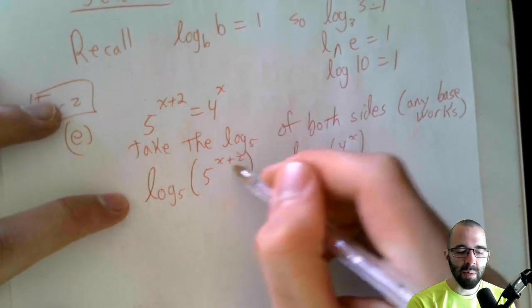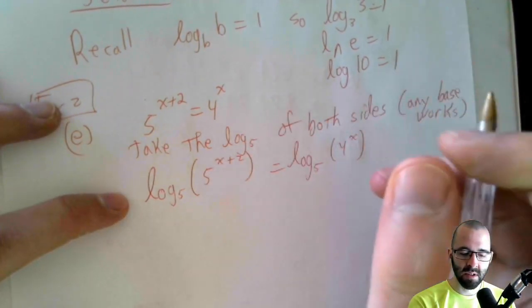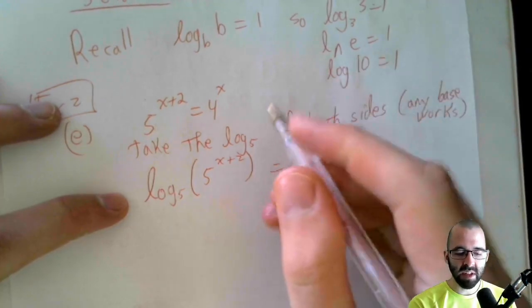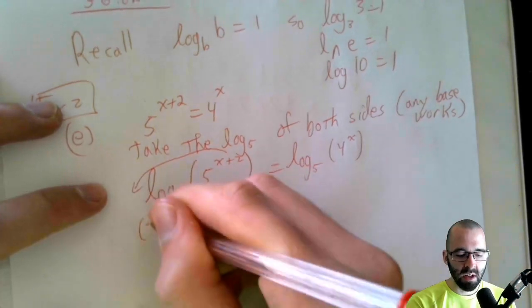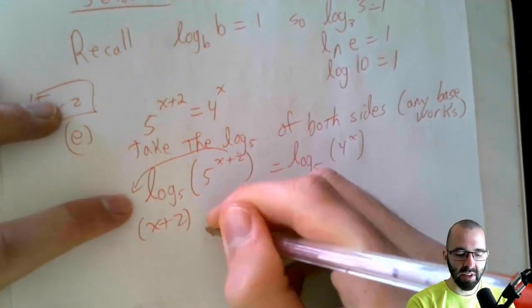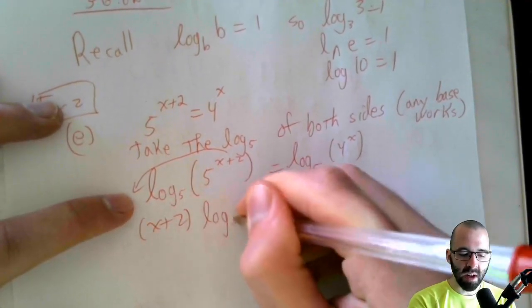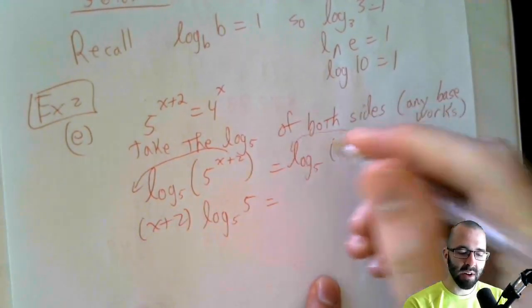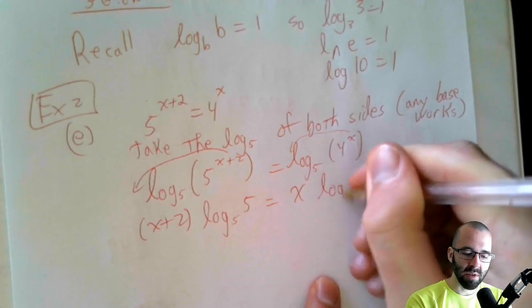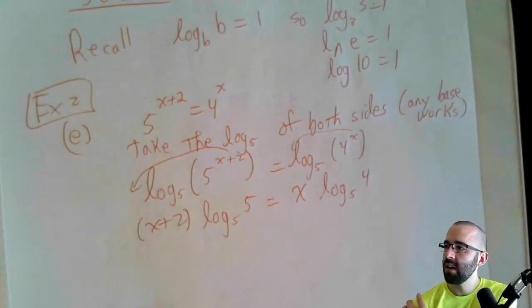Properties of exponentials says that this exponent comes out in front as a coefficient. This comes x plus 2, the exponent comes out in front, times the log base 5 of 5. And the right-hand side has the same thing. The exponent comes out in front, x times log base 5 of 4.